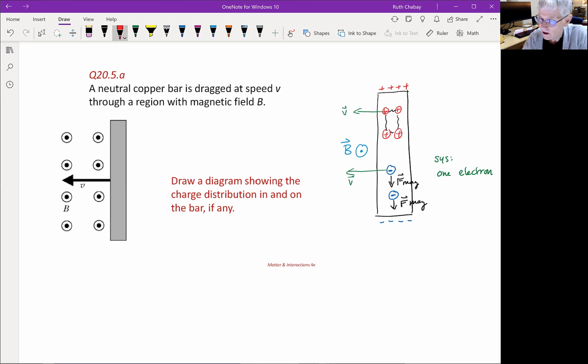So we're going to end up with the bottom of the bar being negative and the top of the bar being positive, just because we're moving this neutral copper bar through the magnetic field. Well, that's kind of interesting.